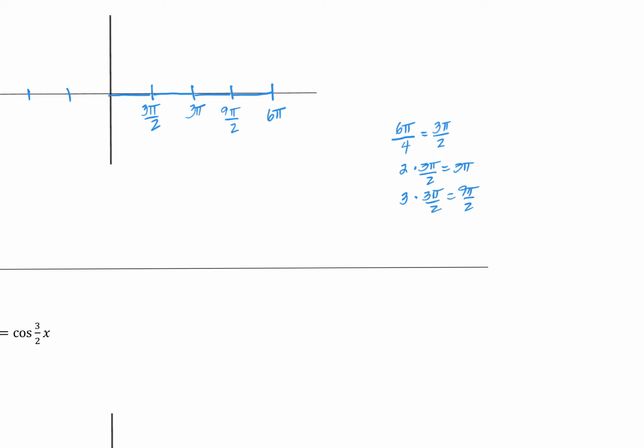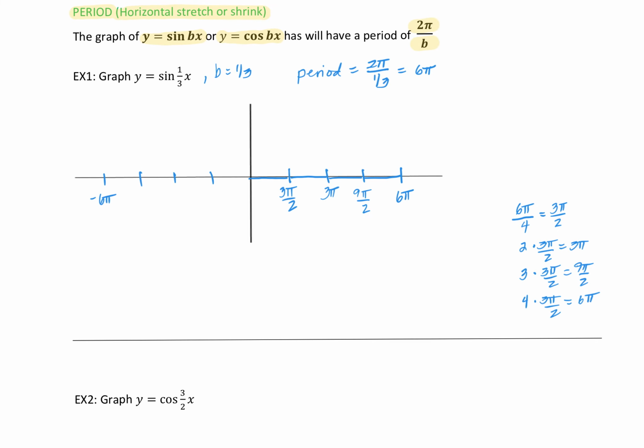And then the last one, the 6 pi, we've gone a distance of 4 of these 3 pi over 2's, which would be 12 pi over 2, or 6 pi. So again, change in period, write down the new period, break it into 4, and then label the other 3.